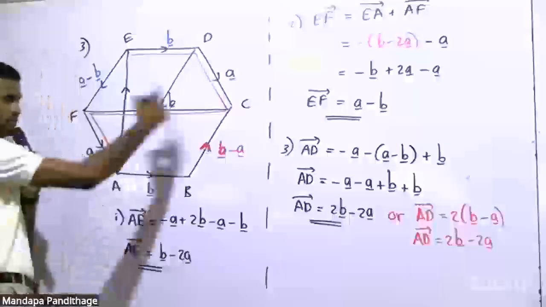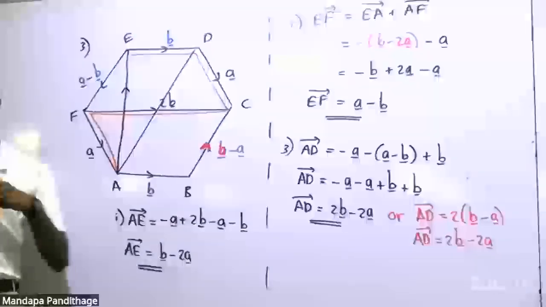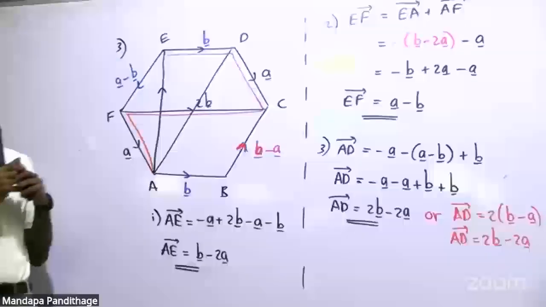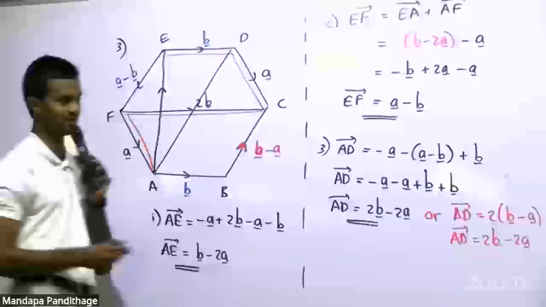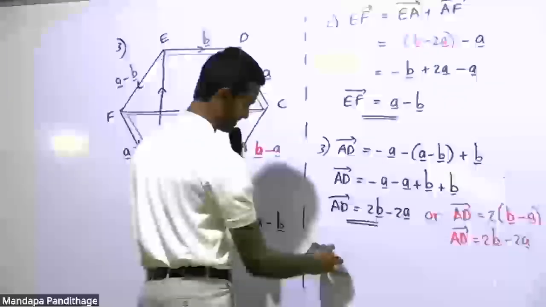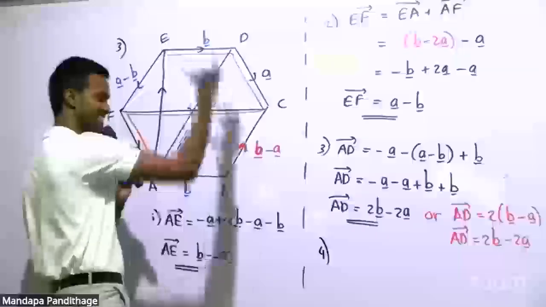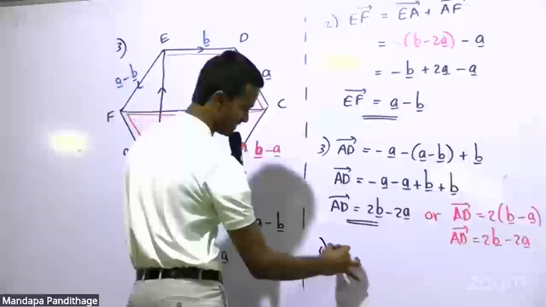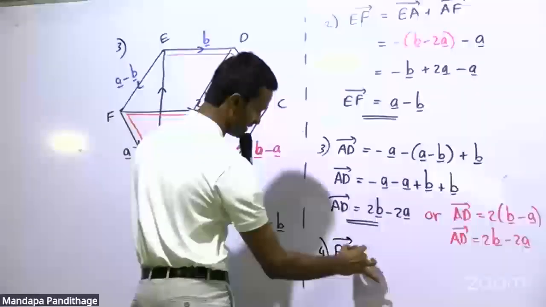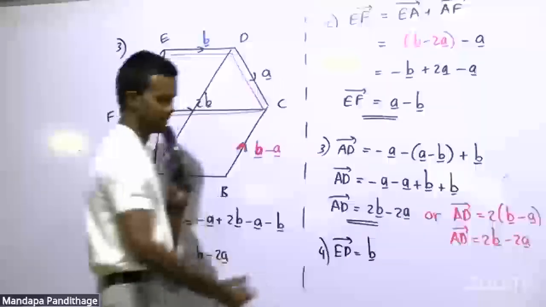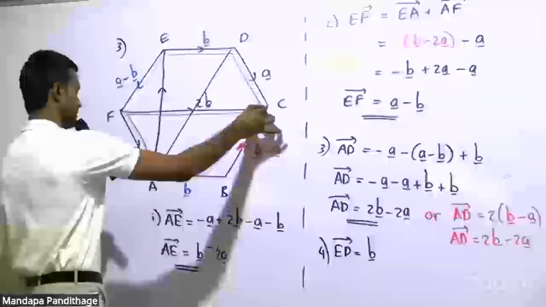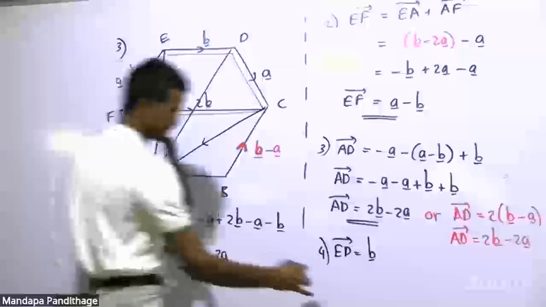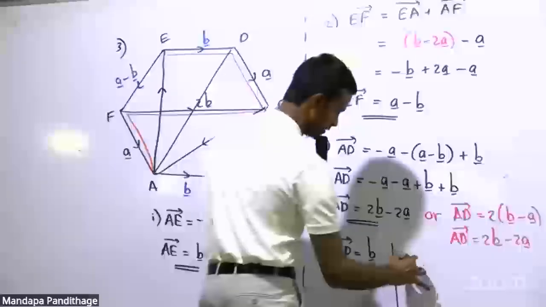So then AD can be even written in this way. And then we have ED, the hardest one. So what is ED? ED is equal to B. And this is CA, question number 5.